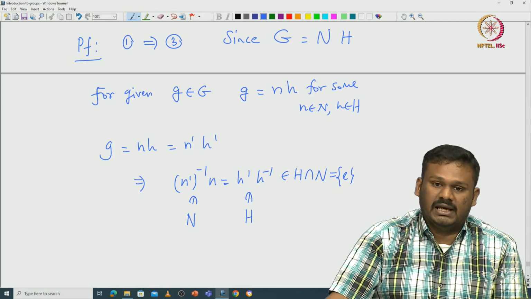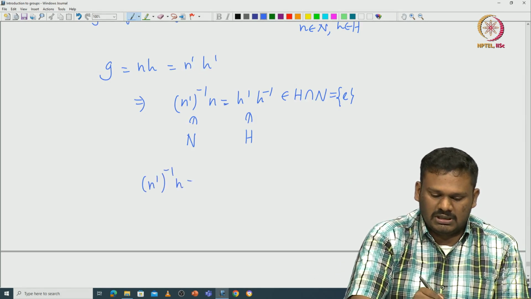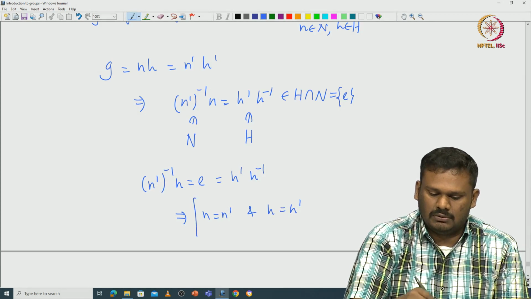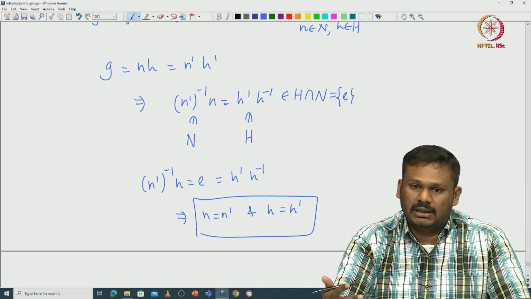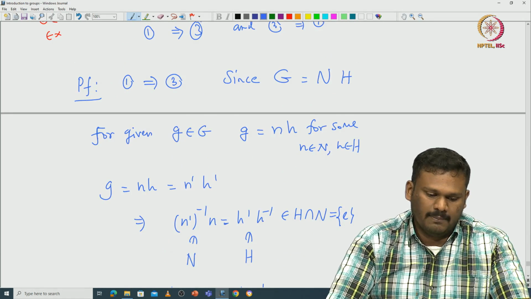That means n' inverse n must be identity and h' h inverse should be identity. That forces n equal to n' and h equal to h'. So the tuple (n, h) is uniquely determined by the given element g. This is what proves 1 implies 3.